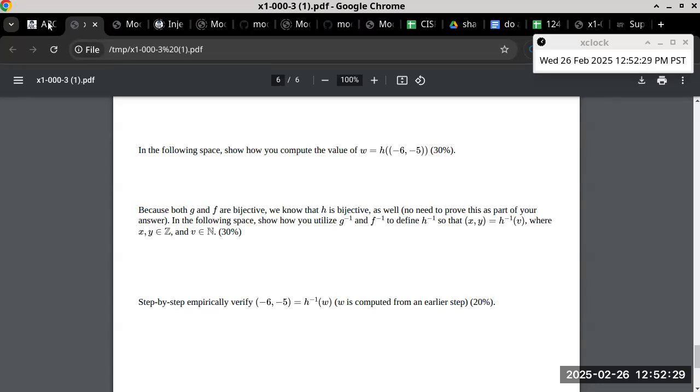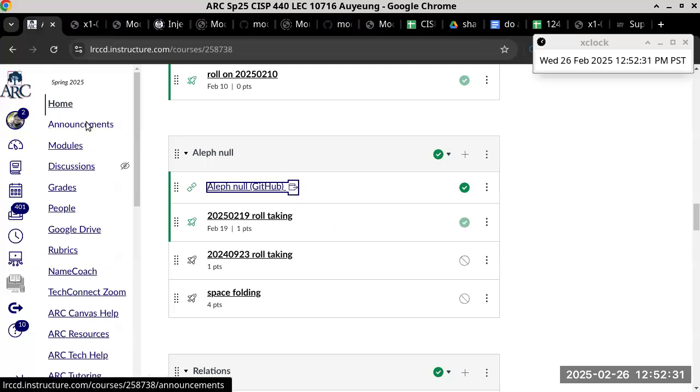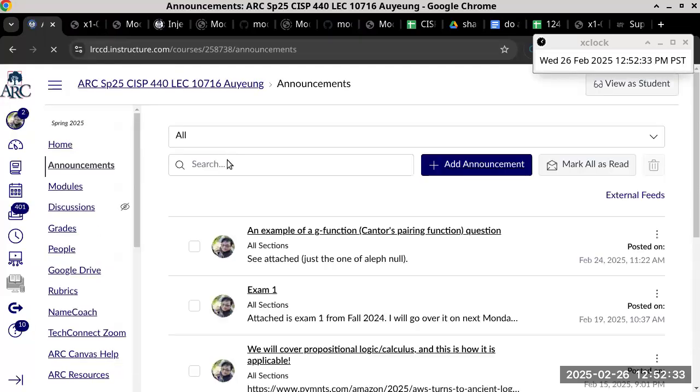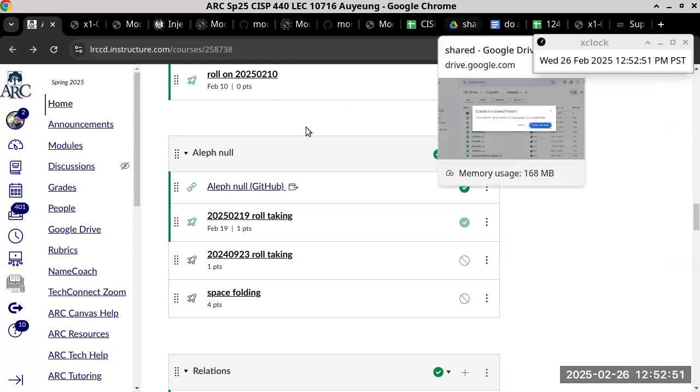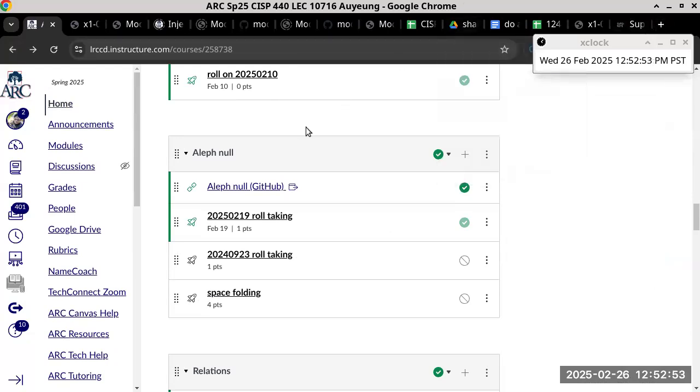Yes, I did. It is in the announcement, an example of a G function question. Okay. All right. So are we? Yes. Go ahead. Yes.